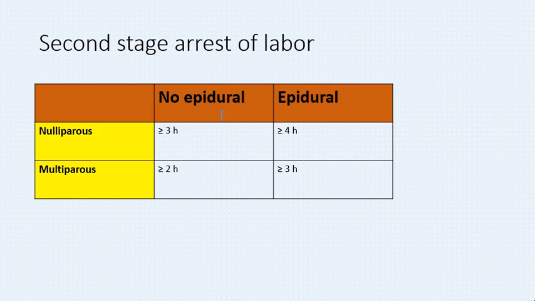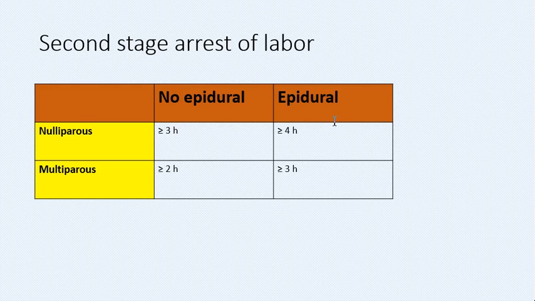Second stage arrest of labor. This also depends on whether the patient is nulliparous or multiparous, and whether the patient has received epidural anesthesia. If the patient is nulliparous with no epidural anesthesia and it is more than 3 hours, we consider it second stage arrest of labor.